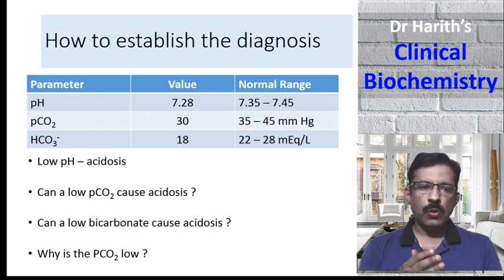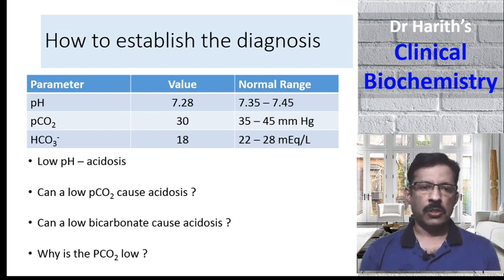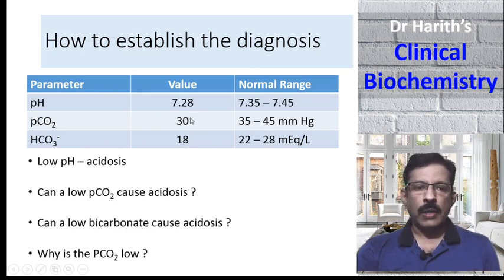So the low PCO2 indicates a respiratory compensation. Here we have a low pH and a low bicarbonate. The primary event is a low bicarbonate, which is metabolic acidosis. The low PCO2 indicates that there is respiratory compensation.